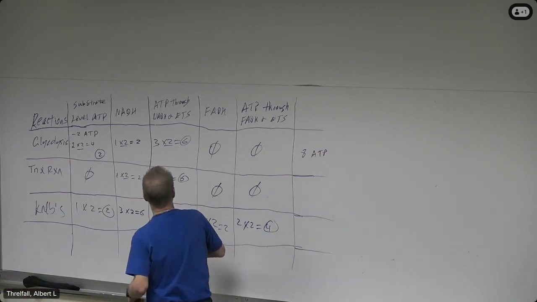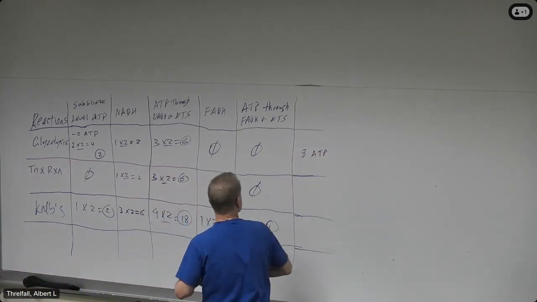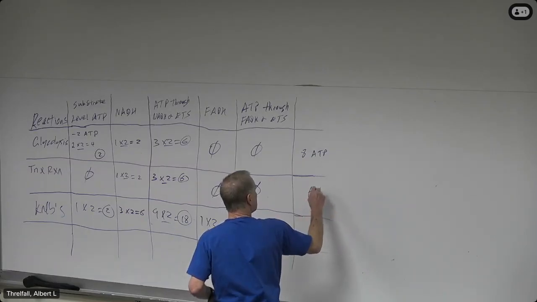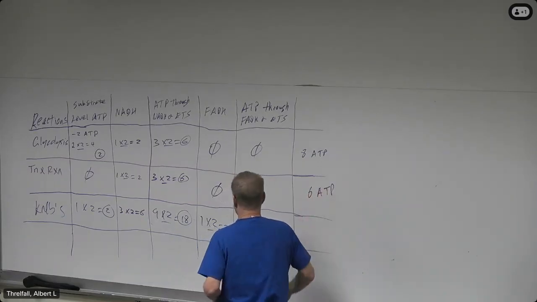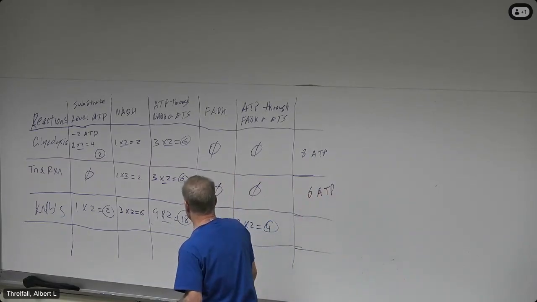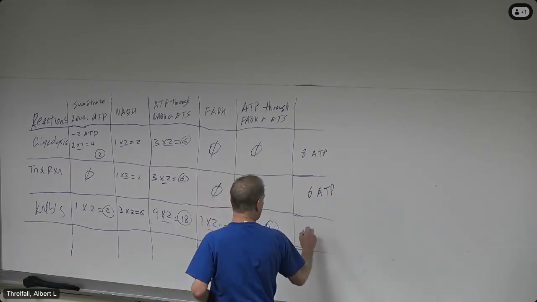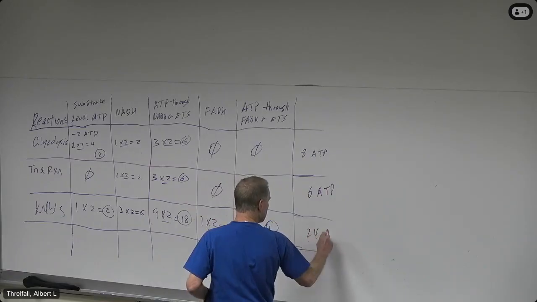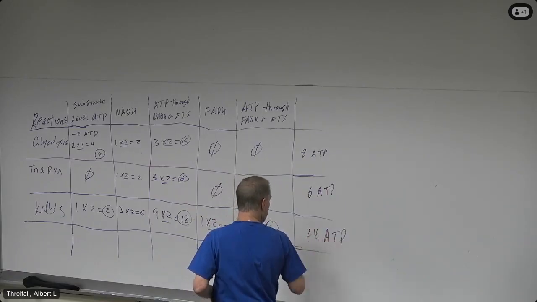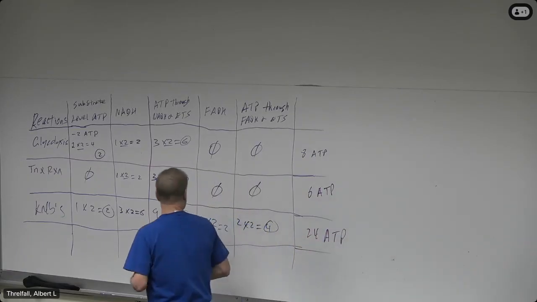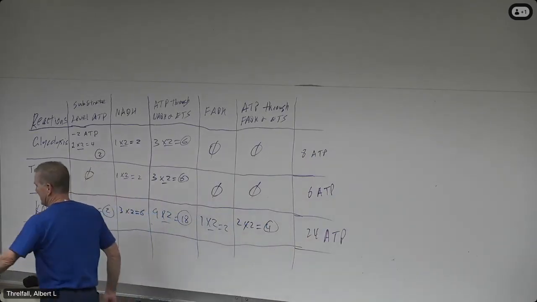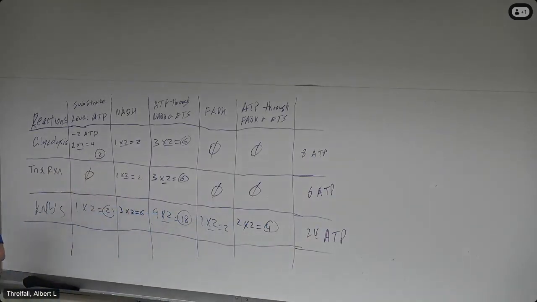In this row, we have 6, that's all we have. And in the bottom row, we've got 2 and 18, that's 20, plus 4. So we can see immediately that most of the ATP from a glucose molecule comes through the Krebs cycle.